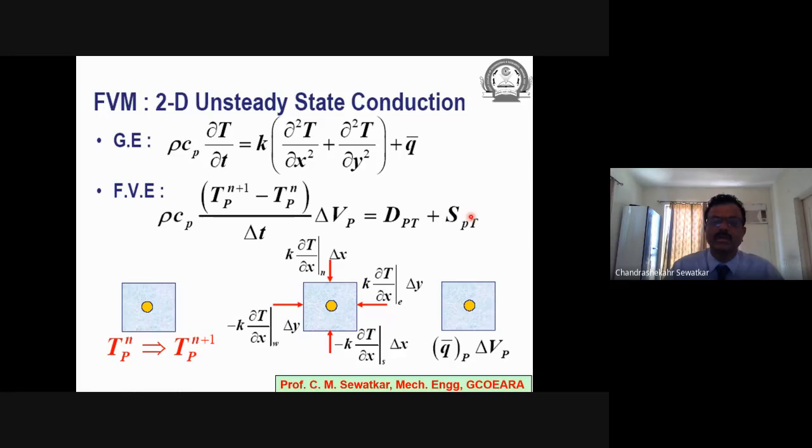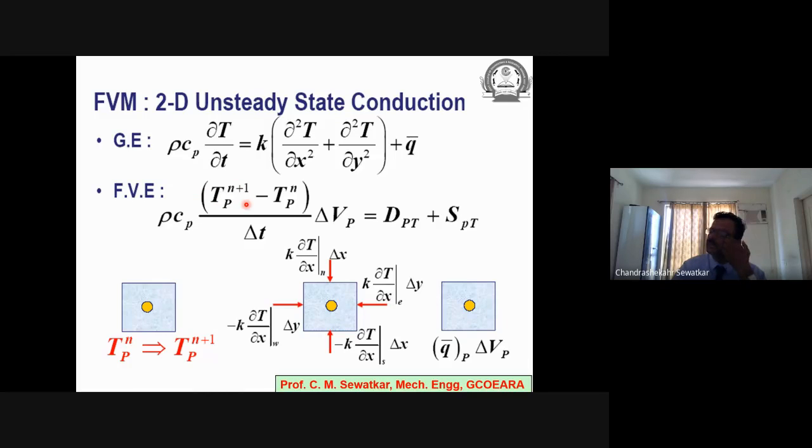This is the governing equation in differential form, and this is the governing equation in the discretized form, or the finite volume equation. Or as yesterday Professor Atul Sharma said, it is a linear algebraic equation. It is this equation which we need to solve to obtain the values of Tp at n plus 1.